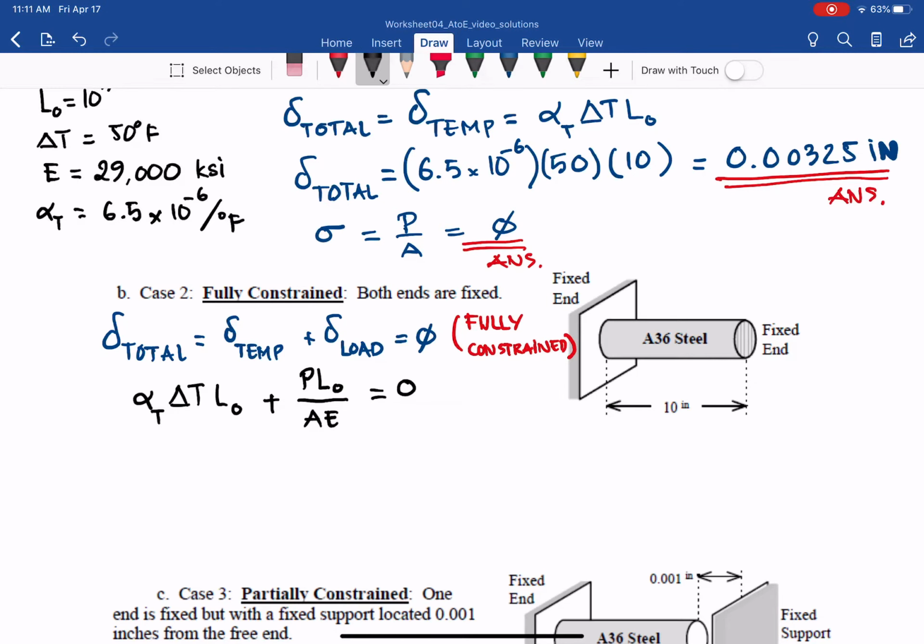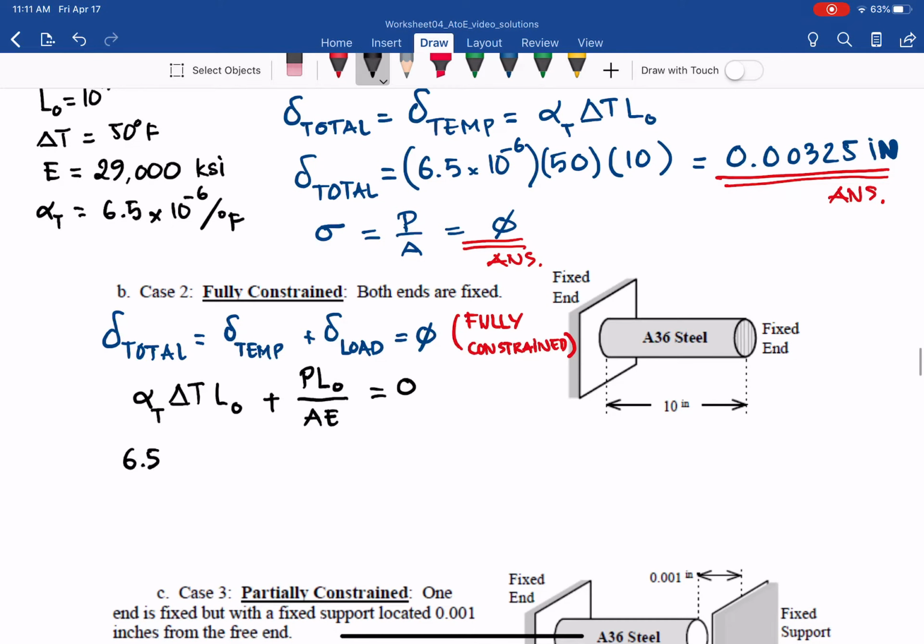Plugging in, alpha T is 6.5 times 10 negative 6, times 50, times 10 inches, plus PL over AE.